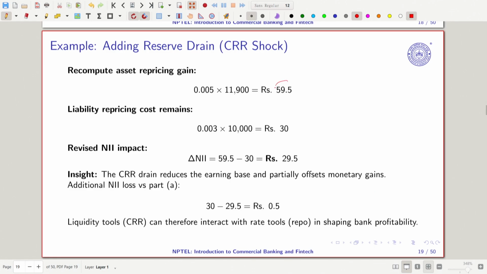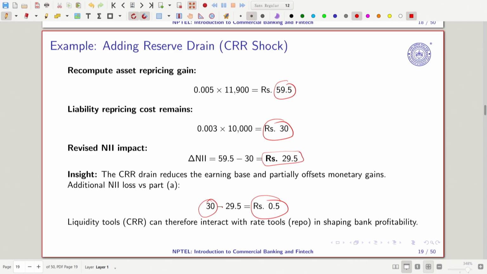It will be 59.5, and liability pricing is going to be the same, rupees 30. So now the delta NII is 59.5 minus 30, so 29.5. Earlier the bank was making 30 crore without the CRR shock, just from the repo rate change. But now, because of the repo rate change and the CRR change, it is making 29.5.